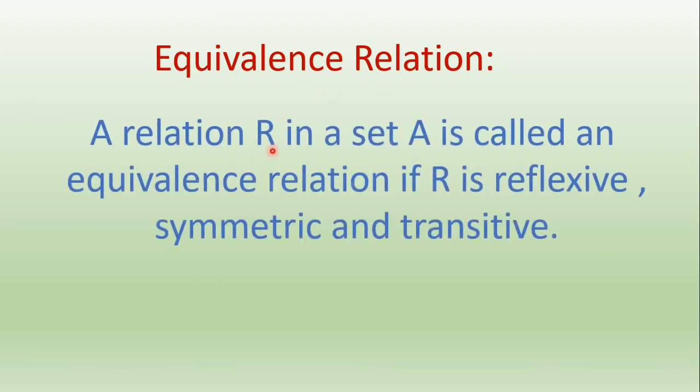Dear students, now we will discuss equivalence relation. A relation R in a set A is called an equivalence relation if R is reflexive, symmetric and also transitive. That means any relation which is reflexive, symmetric and transitive, we say the relation is an equivalence relation.